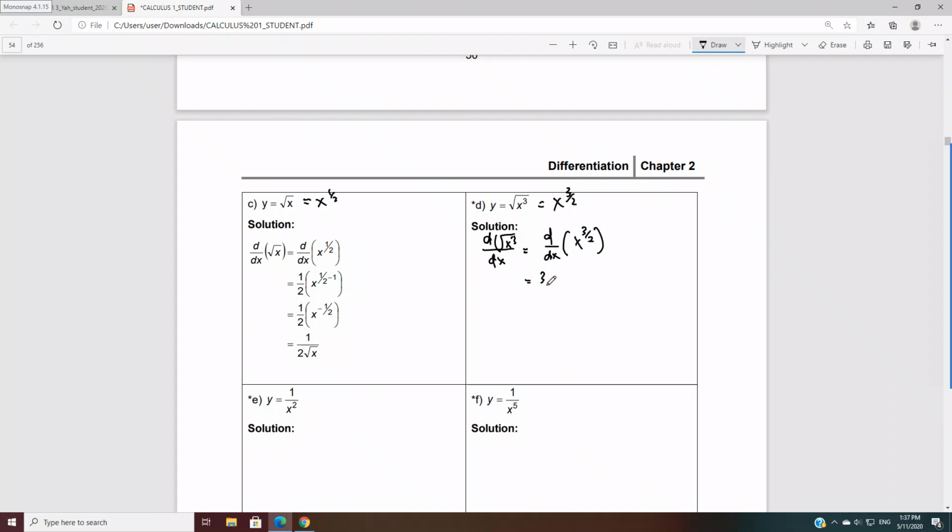So akan dapat 3 over 2 x. 3 over 2 ni kita minus 1. Okay, so minus 1 dia akan jadi 3 over 2 x to the power of 1 over 2. So the answer is 3 over 2 square root of x.